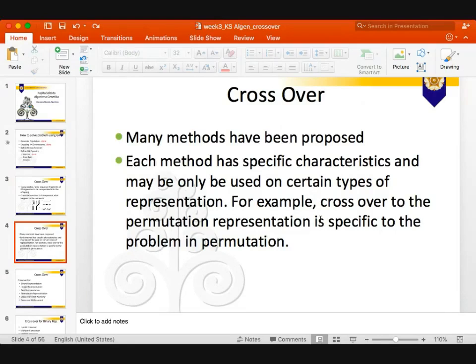For example, for permutation representation or permutation encoding, we only apply the permutation crossover. We cannot use the binary representation method on a permutation representation chromosome. Okay, we will discuss what they are.